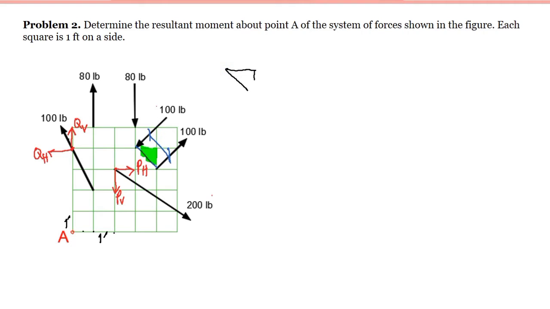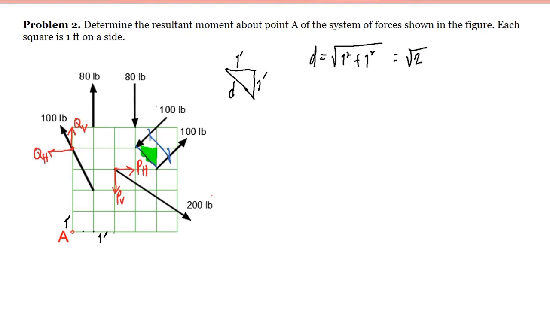If we have this, since we have 1 foot in each block, so we have 1 foot each for the side, and this would be the perpendicular distance D. So computing for this, D is just the diagonal, the square root of 1 square plus 1 square, and that would give us square root of 2.